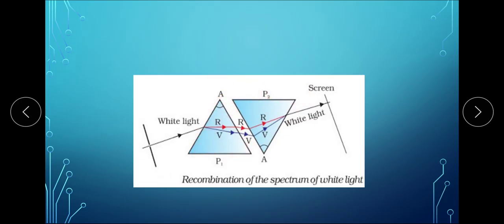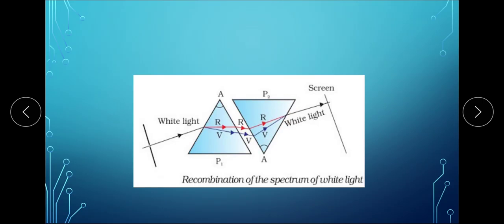As you can see in the figure, white light which passes through the first prism will split into its constituent 7 colors. I have represented the topmost and the bottommost color, that is red and violet. When all these 7 colors pass through the second prism which is kept along the first prism in the inverted position, these colors will bend again.